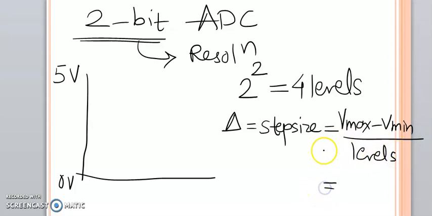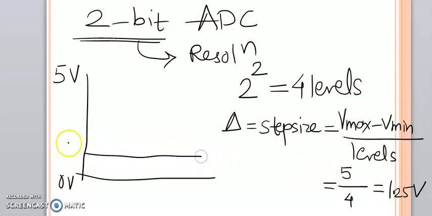For this example, Vmax minus Vmin will be 5 volt minus 0, that is 5, and the levels we have calculated for 2-bit resolution of ADC will be 4. So accordingly, you get 1.25 volts. So each step will be of 1.25 volts.